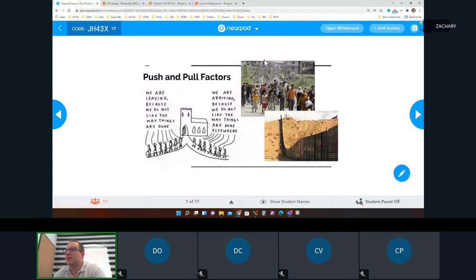Here are some pictures of just kind of the look of migration. There are big political ebbs and flows when we talk about immigration. It can be a very hot topic for a lot of people in regards to, should people be able to come in?